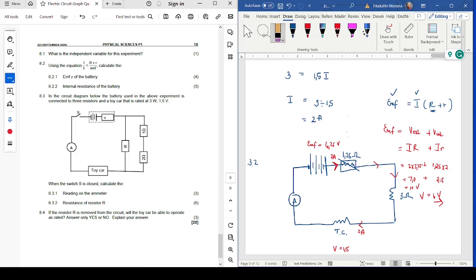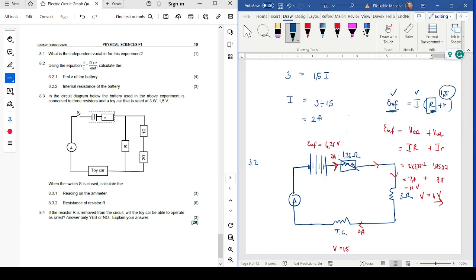No, sorry, our internal resistance stays the same. It is what it is. It's 1,25 because of the EMF here. If the EMF is 6,25, our internal resistance stays 1,25. So the only thing that really changes here is our external resistance. So now our external resistance has clearly increased. We have seen that, okay?